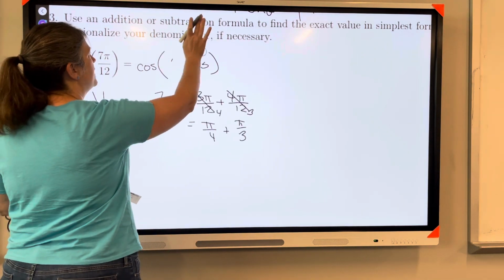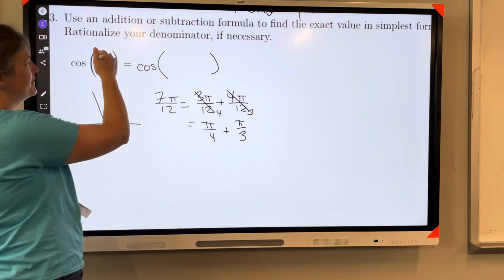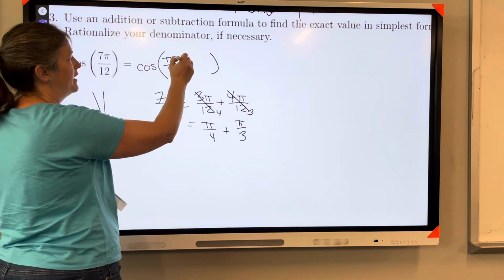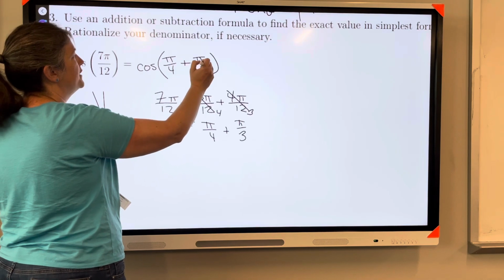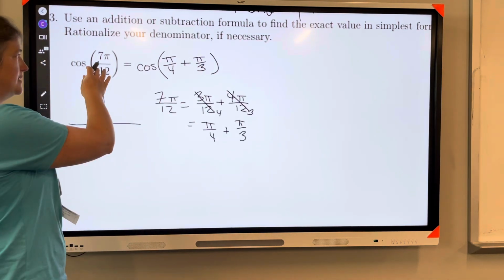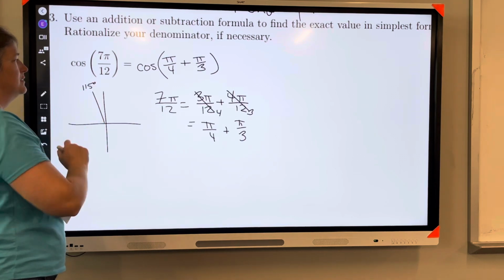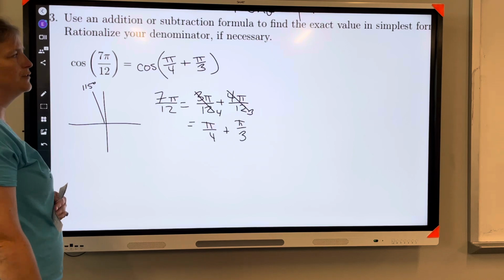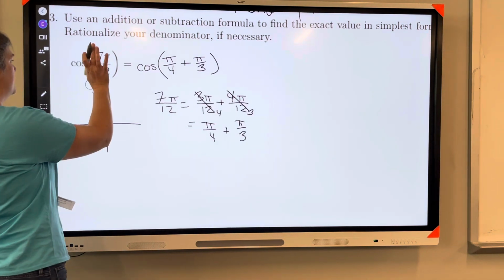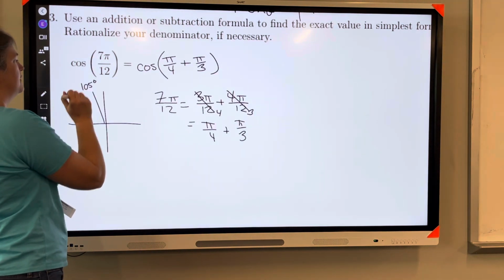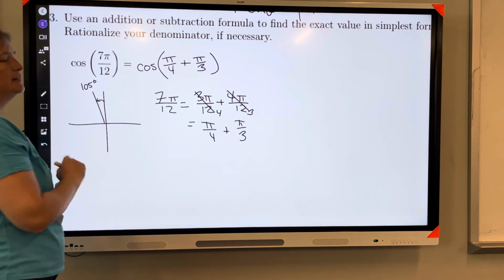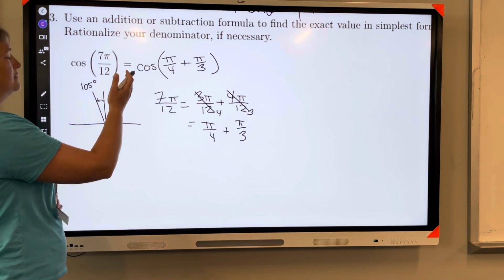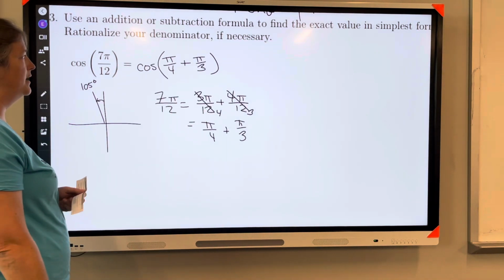So I can rewrite this, instead of cosine of 7 pi over 12, as cosine of pi over 4, 45, plus pi over 3, 60. This is the same as 115 degrees, I think. Whatever 45 plus 60 is, 105 degrees, sorry. It's 15 degrees past 90. Okay, bonus, yay. I'm able to do that.